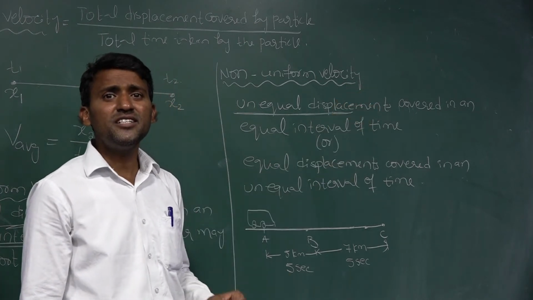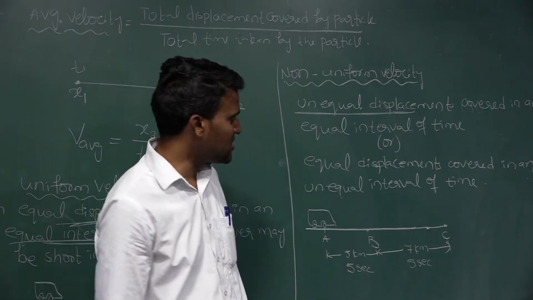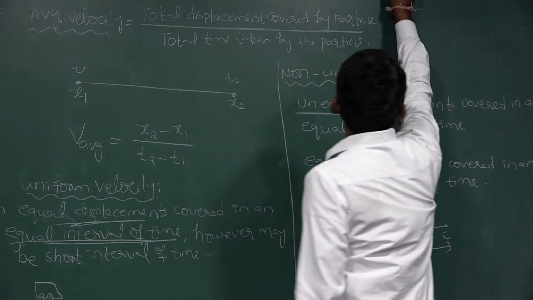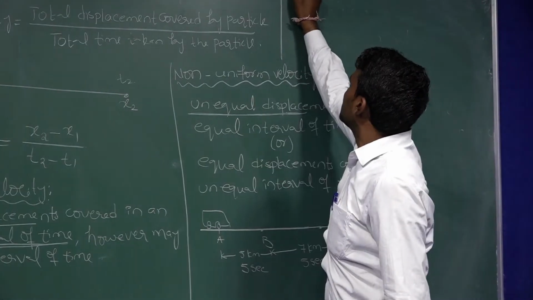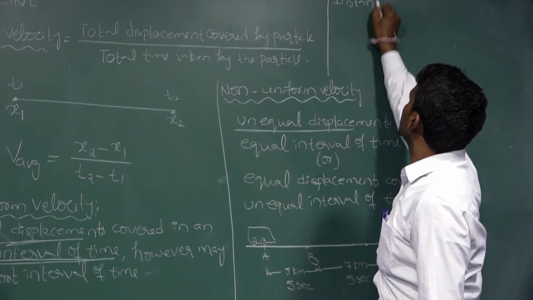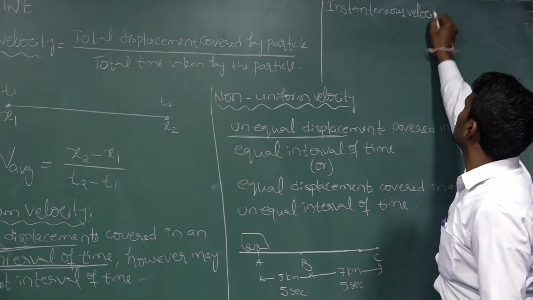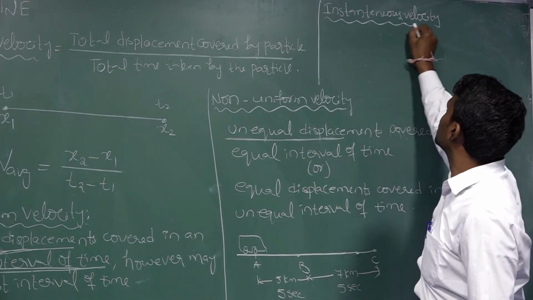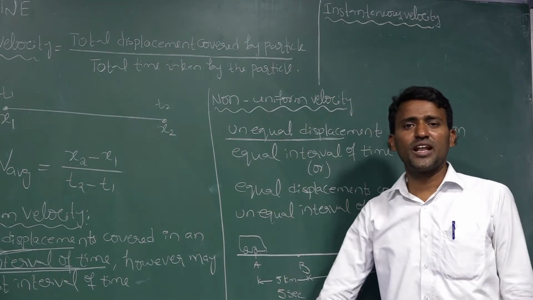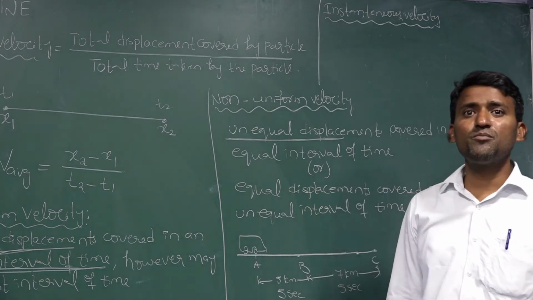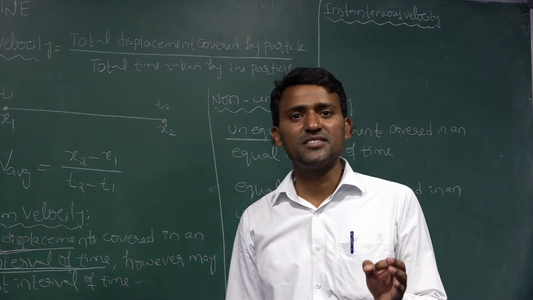And next, instantaneous velocity. What is instantaneous velocity? Instantaneous velocity means the velocity of the particle at a particular instant.